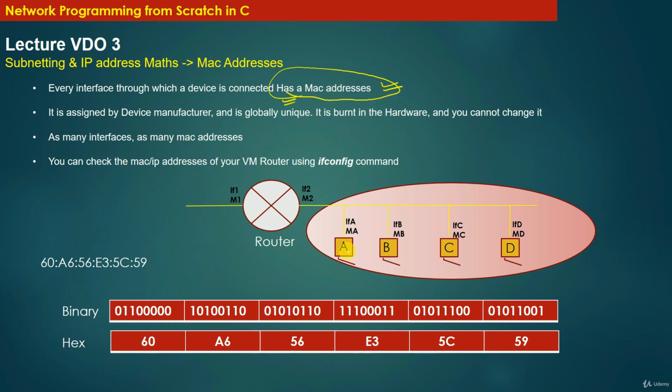You can see in this diagram that each interface of a device has a MAC address. Interface A of device A has the MAC address MA. Similarly, you have the MAC addresses MB, MC and MD. These MA, MB, MC and MD are only symbolic representations of MAC addresses, just for convenience.